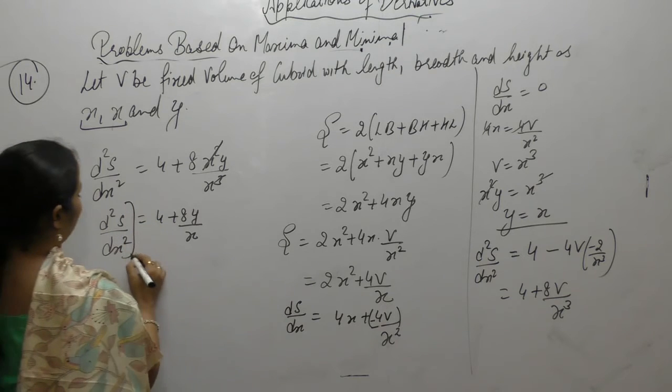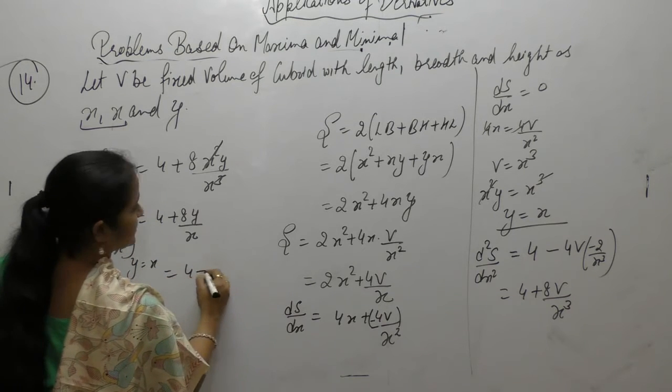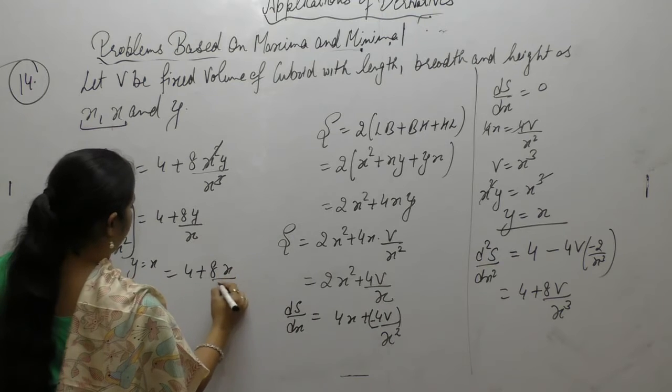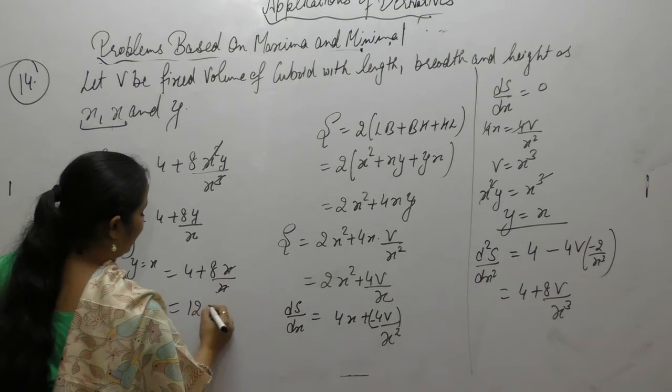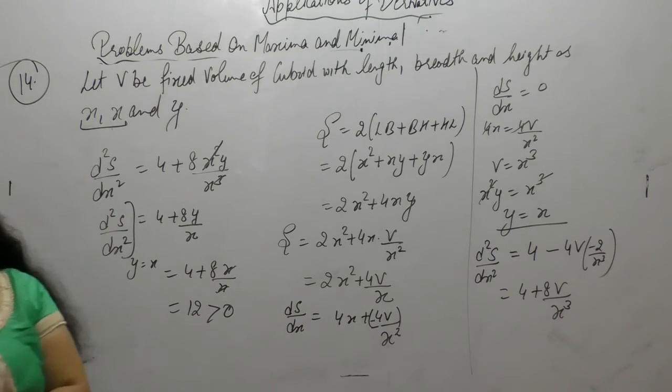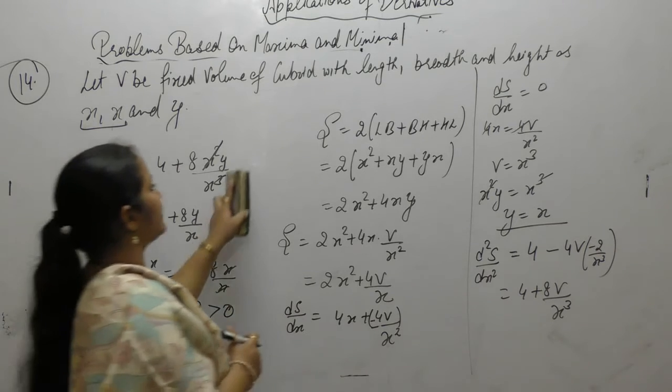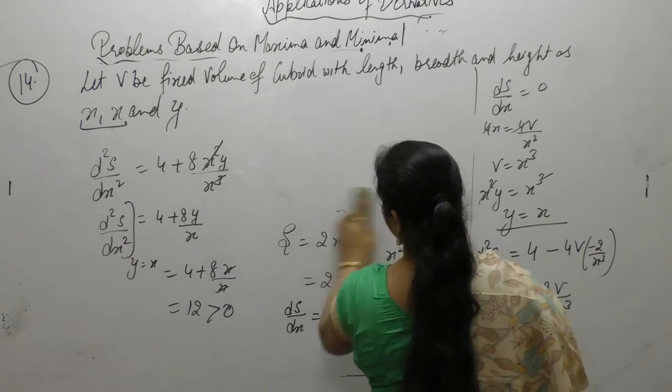Now find the derivative at y equals x. So 12, that is greater than 0. So S is minimum.